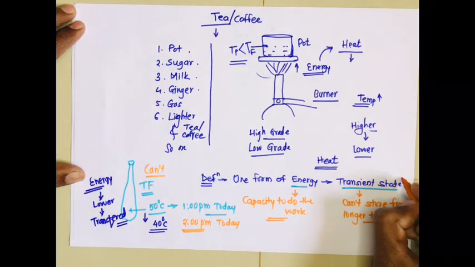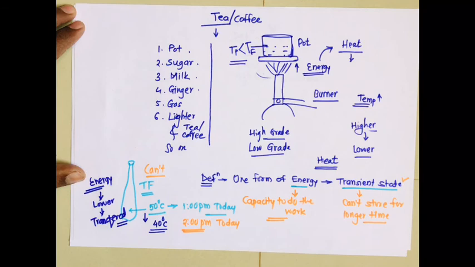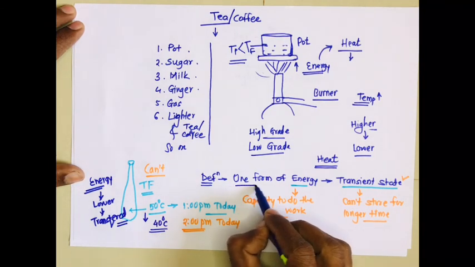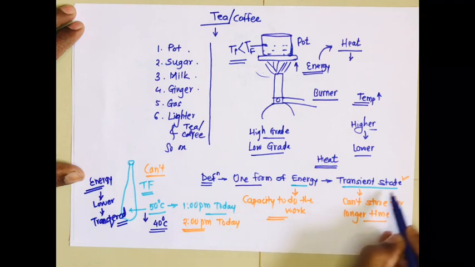That's why that energy is called energy in a transient state. So what is the definition of heat? Heat is nothing but one form of energy which is in a transient state.